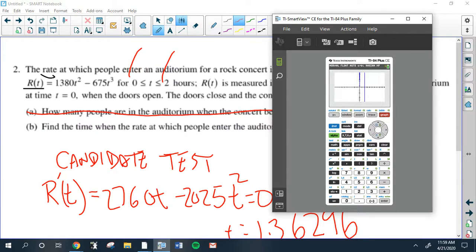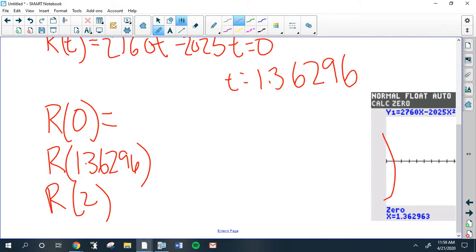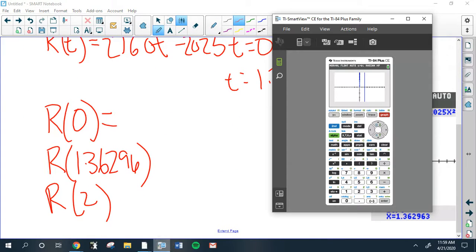So now I'm going to go and get those values. To get the values, second calc, value. 0 enters my first one, and I know what that's going to be, that's going to be 0.